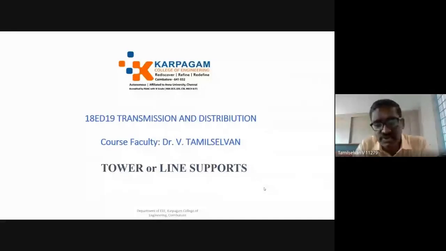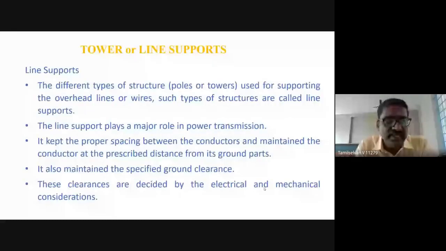Okay, so today we are going to start with another important topic, that is the tower. The tower you can also call your line support. The main supporting unit of our overhead transmission line conductor is what we call the transmission tower, or the line support.